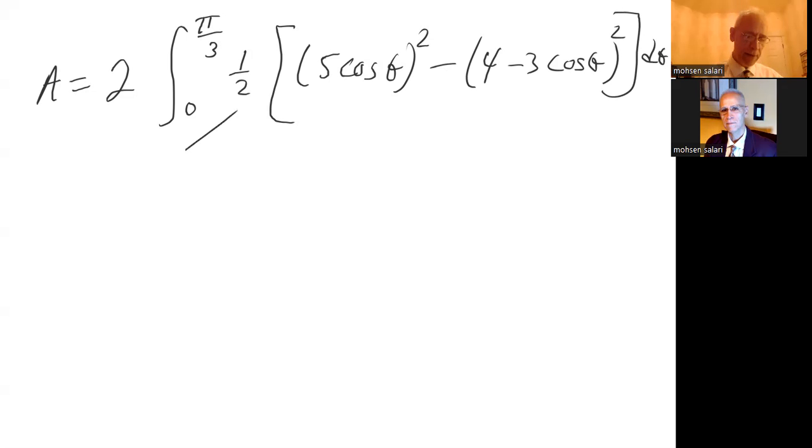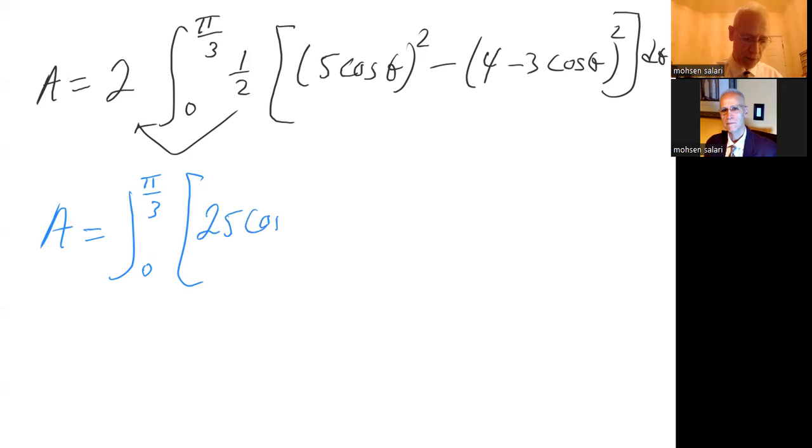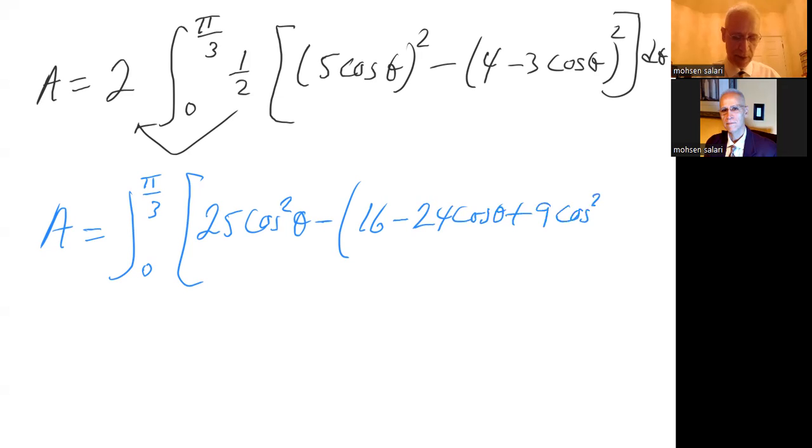Well, this 1/2, I can take it out with the 2 and claim that area equals the integral from 0 to pi over 3. 5 cosine of theta squared gives me 25 cosine squared of theta, minus, let's see, 4 times 4 is 16, and I'm going to get minus 24 cosine theta plus 9 cosine squared of theta, all this d theta.